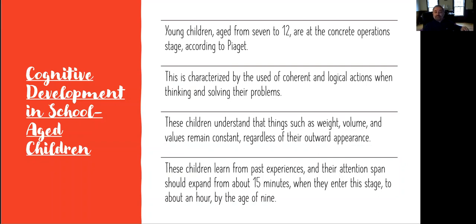These children understand that things such as weight, volume, and values remain constant, regardless of their outward appearances. These children learn from their past experiences, and their attention span should expand from 15 minutes to 1 hour by the time they are 9. So you can gradually expand their ability to pay more attention.